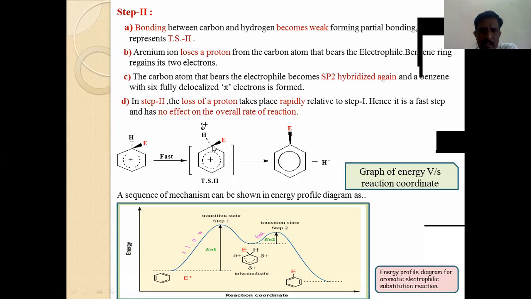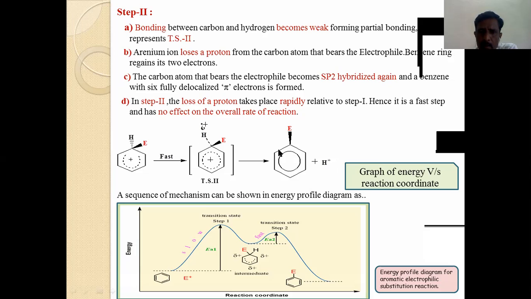Now benzene regains its aromatic state: four pi electrons were already there, and these two electrons become part of the aromatic sextet, so again 6 electrons are regained. So this last step is the elimination of a proton. And if the proton is lost from the second transition state, only the electrophile remains attached to this benzene molecule, with the elimination of H plus.